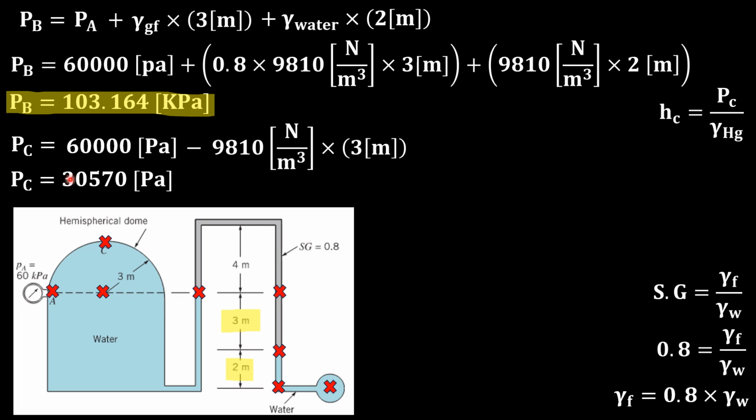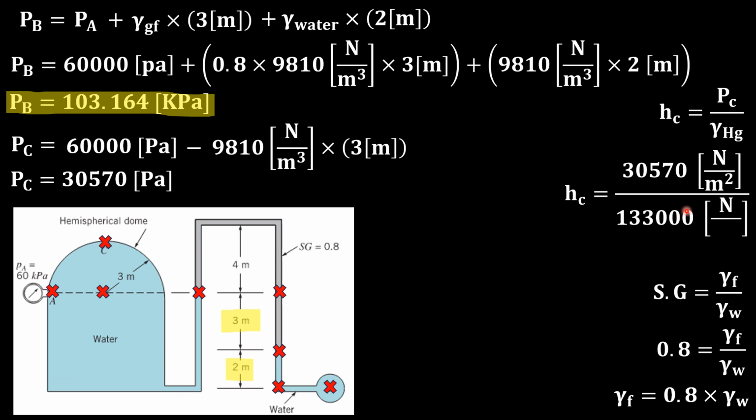But remember, here we are asked to find the head pressure at point C in millimeter mercury. So just by rearranging the hydrostatic equation, because remember, hydrostatic equation is pressure equal to the specific weight times the height. So here what we did is we solved for the height at C. And we found the pressure at C. What we can do, instead of water, we can change it to mercury. So we can find the head pressure in mercury.